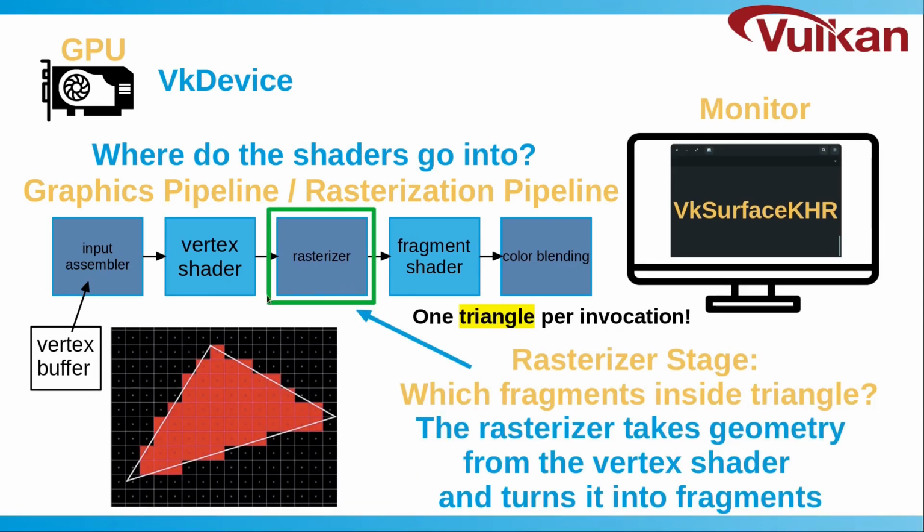So then when the rasterizer is called, which is the next stage, the third stage of the graphics pipeline, the rasterizer will figure out which screen pixels correspond to this triangle, and for each pixel it will call the Fragment Shader.